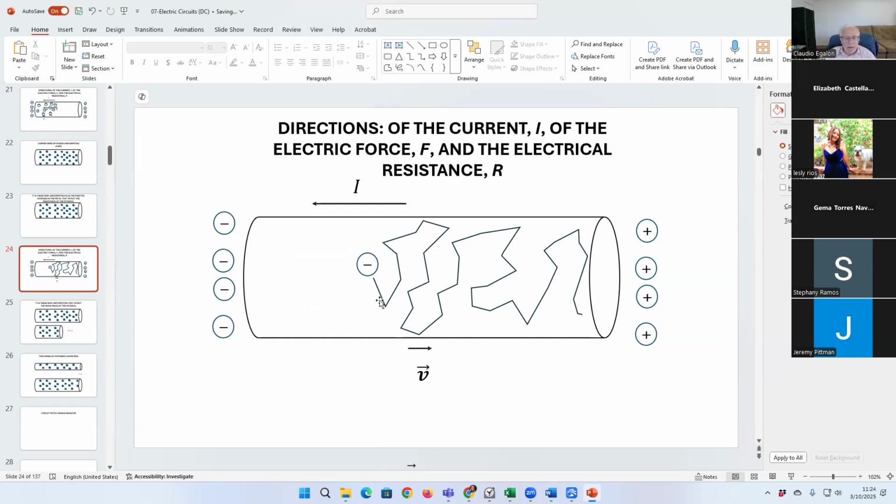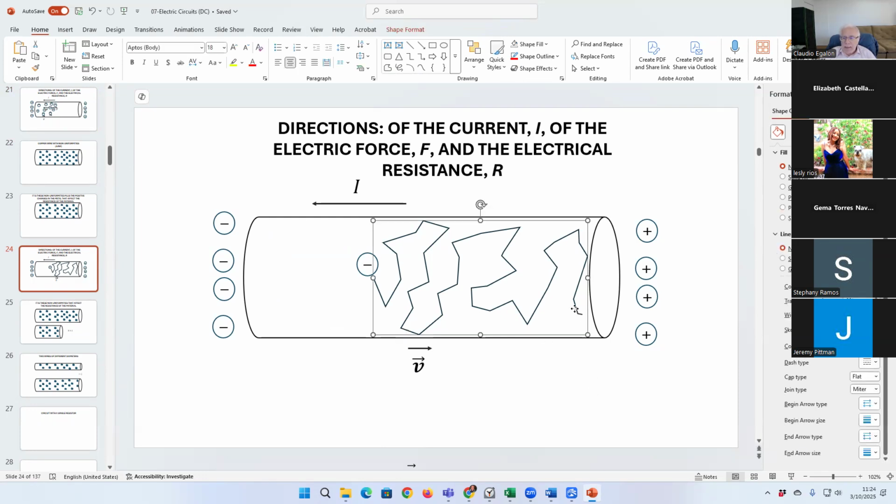Here it's going to have an instantaneous velocity, here another instantaneous velocity, and so on. But the drift velocity is going to be uniform. This instantaneous velocity can be accelerated during a small period of time, but overall we are going to have a drift velocity that's uniform in time. That's what you have to know about.